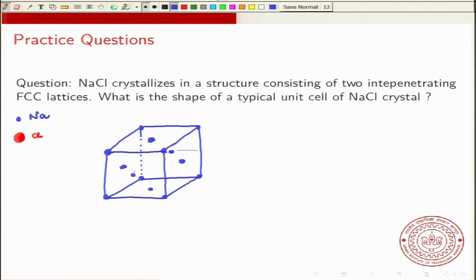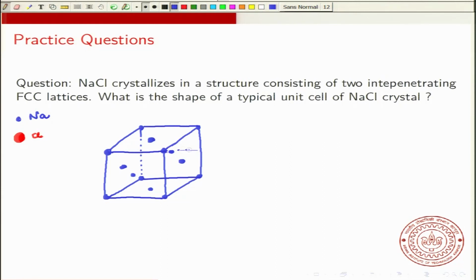So, this is the FCC lattice formed of sodium atoms. And now the chloride ions also form an FCC lattice, but now the lattice is actually shifted with respect to the sodium lattice.